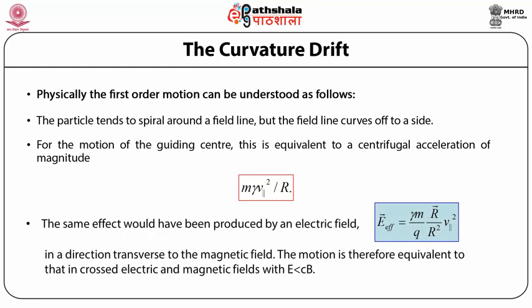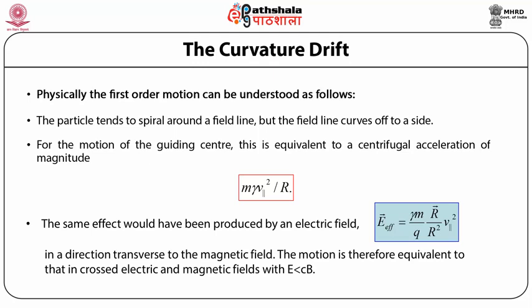The same effect would have been produced had there been an electric field, that is, E effective equals gamma m by q, r vector divided by r squared, times v_parallel squared.